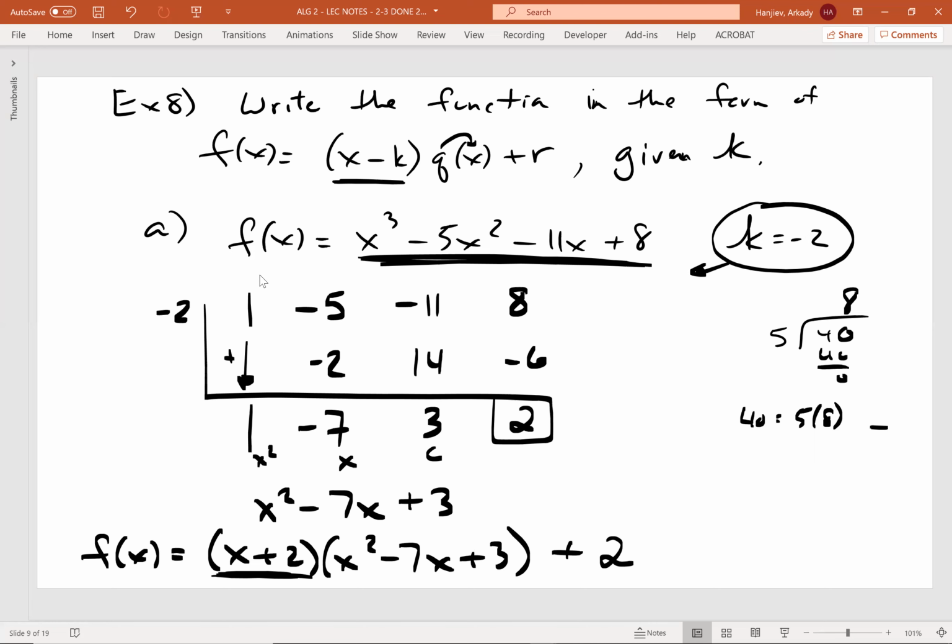We're good? So when we do something like this, we say, look, guys, can you factor this for me? What's this in factored form? It would be x plus 3 times x minus 4.